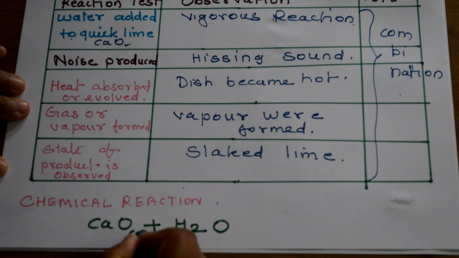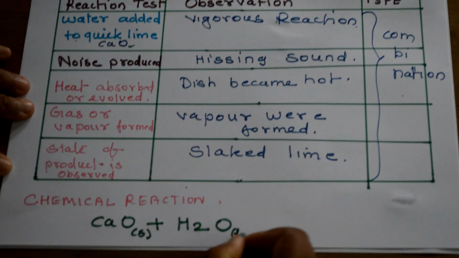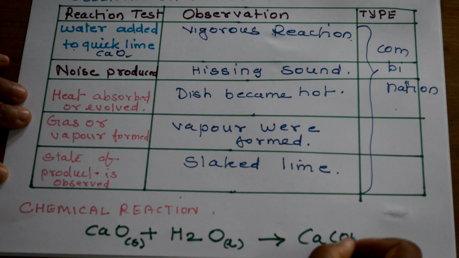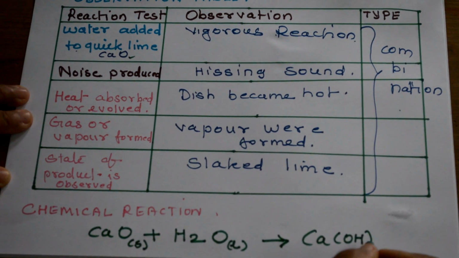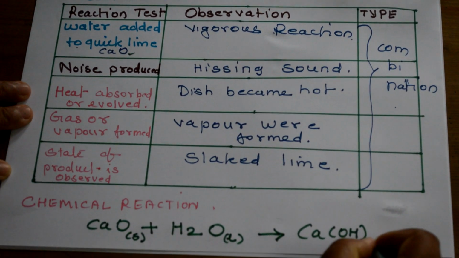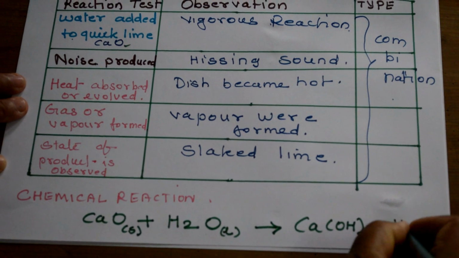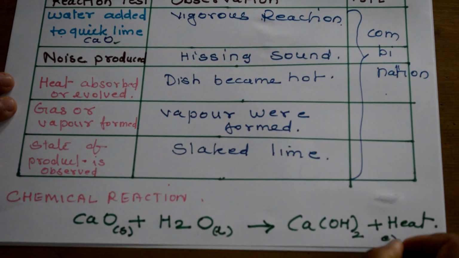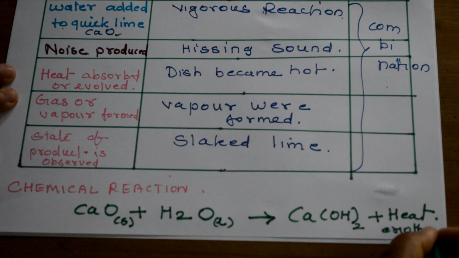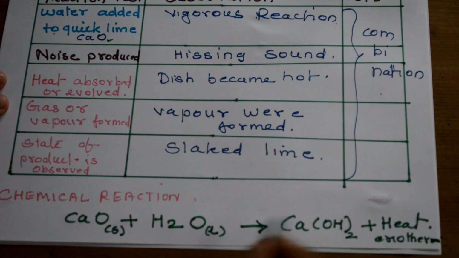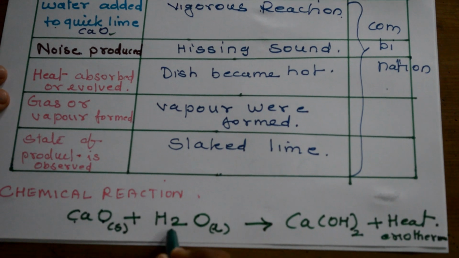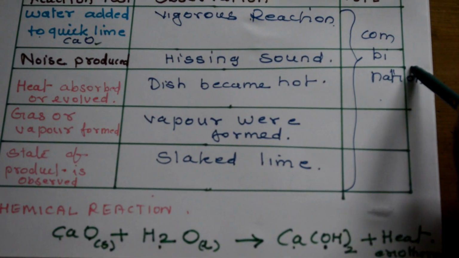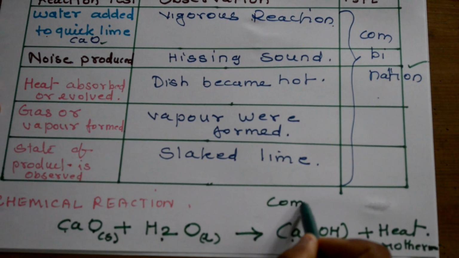Calcium oxide in solid form, water in liquid form. So we got calcium hydroxide and heat was released. It's an exothermic reaction, therefore heat was released. Calcium oxide combined with water and formed calcium hydroxide, and therefore it is known as a combination reaction.